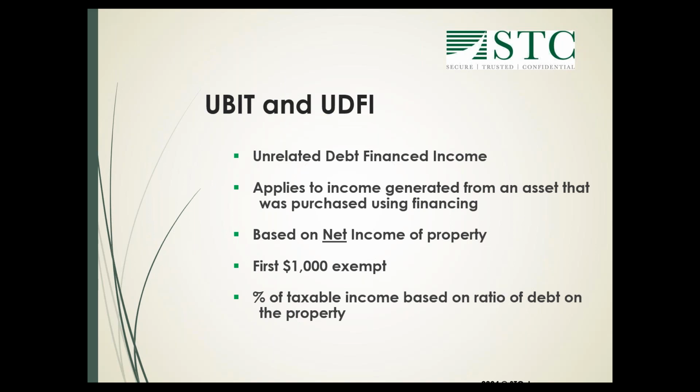So let's say, for example, you financed 50% of the cost of the property, but you contributed 50% of the cost from your retirement funds. Only 50% of the income is going to be taxable because only 50% of it is debt financed.